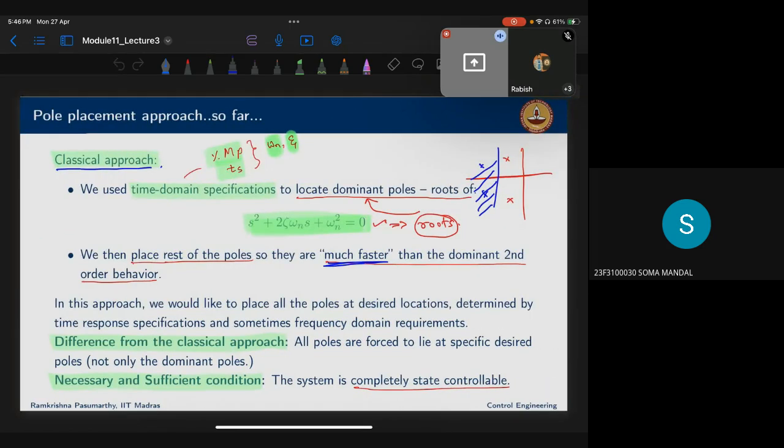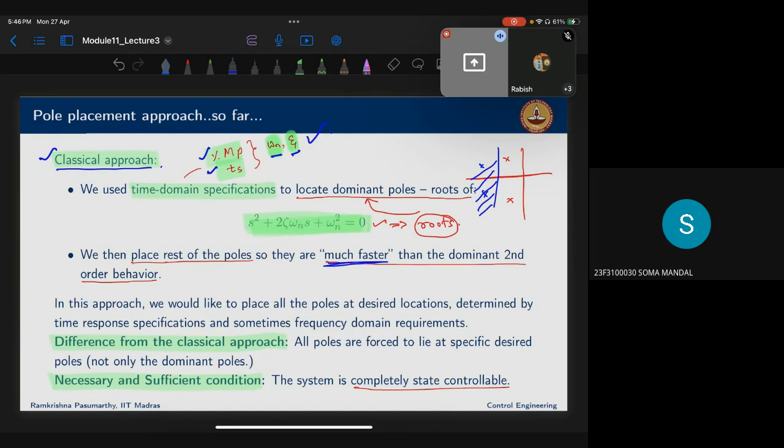In general, we have this classical approach. We have seen previous examples. If you know your peak overshoot and settling time, and if you remember those formulas and solve those equations, you can get the values of omega n and zeta. Is that clear?